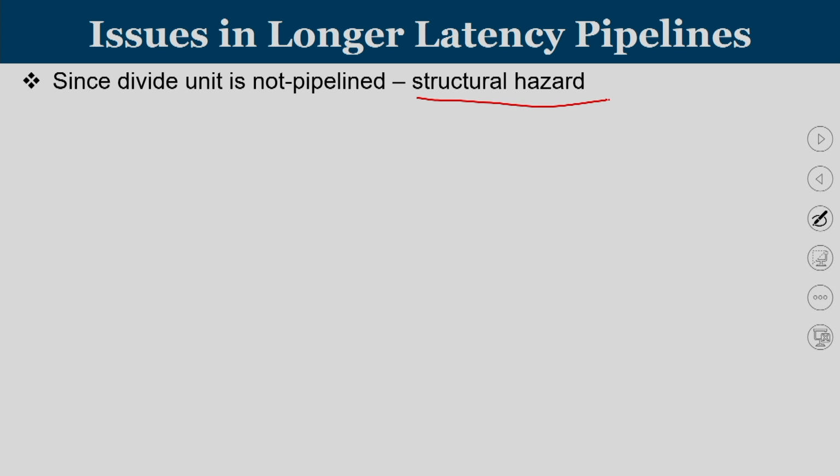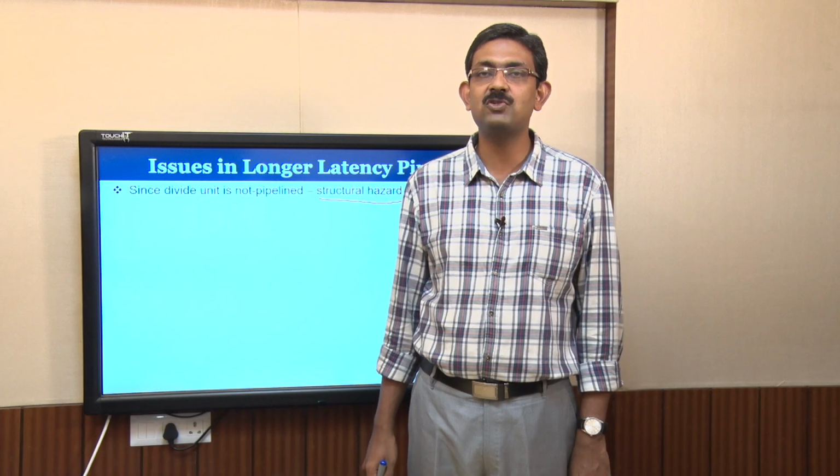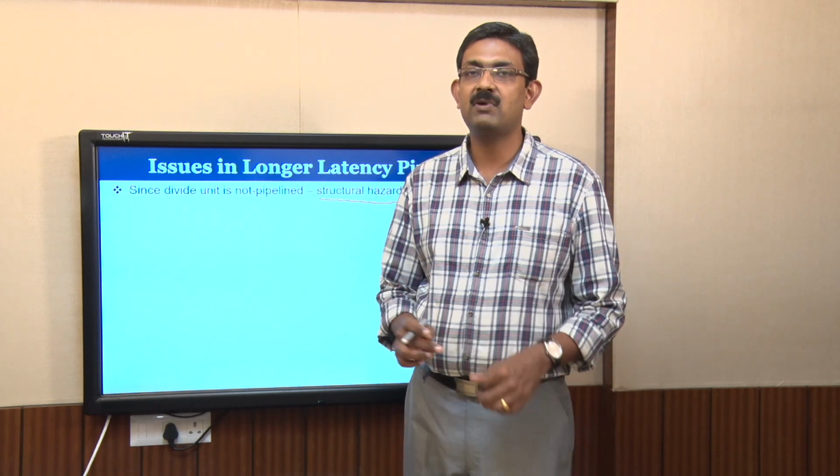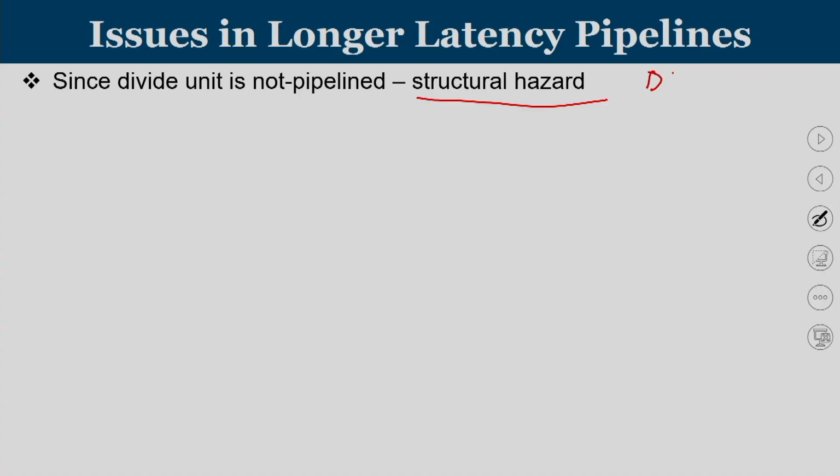So if you write a sequence of code with two adjacent division instructions, the second one has to wait, even though there is no data dependency. An example can be division of A, B, C, and the other one is division of D, E, F. The first one is operating on operands B and C, the second one on operands E and F. There is no data dependency between them.